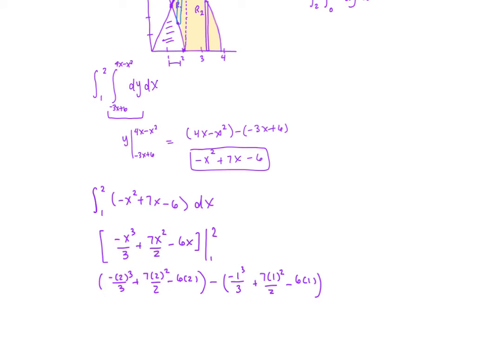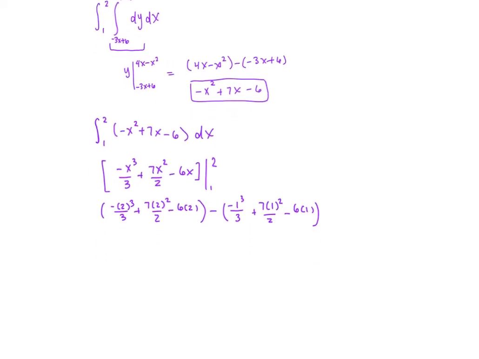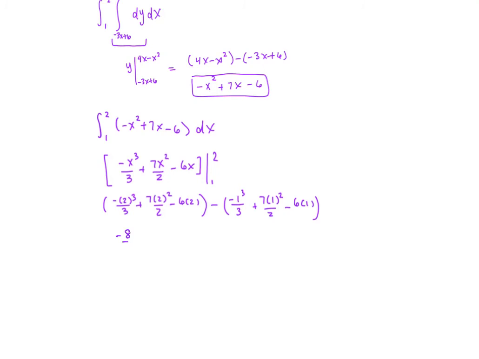And when we simplify that, we get negative 8 over 3 plus 28 over 2 minus 12, minus negative 1/3 plus 7 over 2 minus 6. And all of that is going to be 13 over 6. So that's the area of region 1.